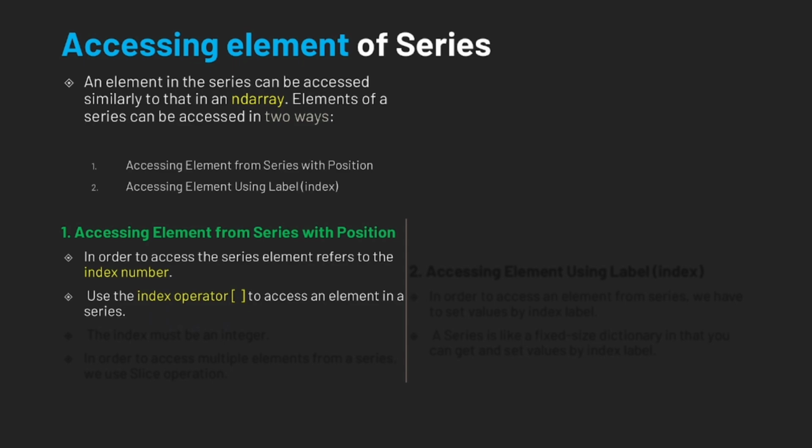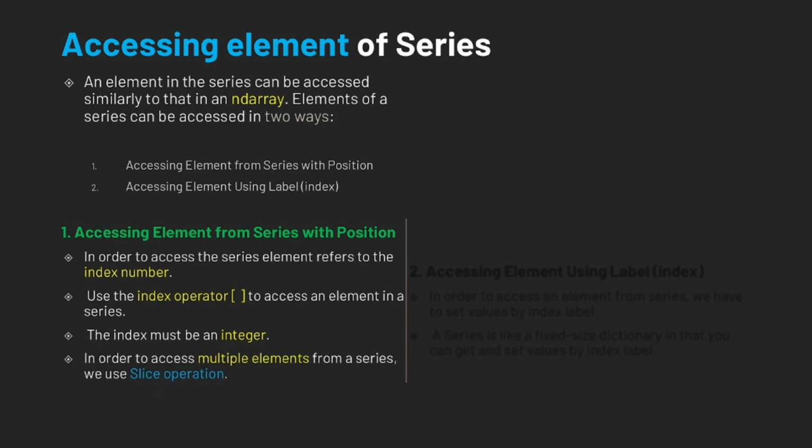Remember, the index must be an integer. For example, if you want to access the first element, you would use 0 within the square brackets. If you want to access multiple elements, you can use slicing. This allows you to specify a range of indices, making it easy to retrieve several elements at once.